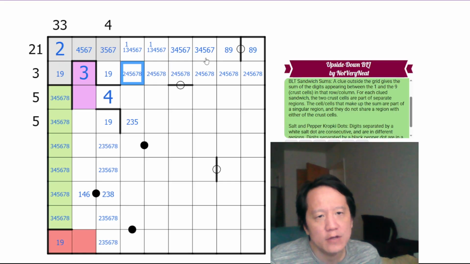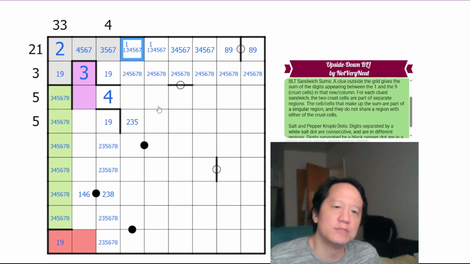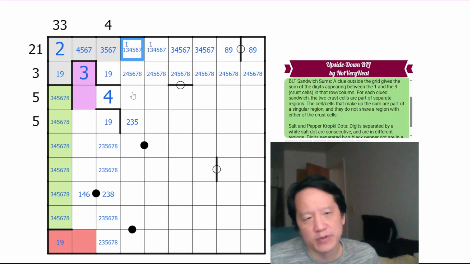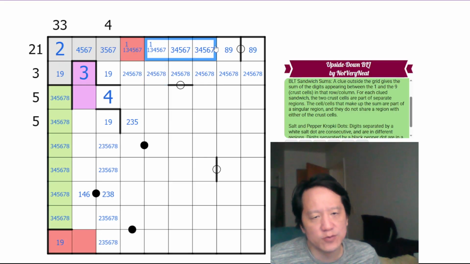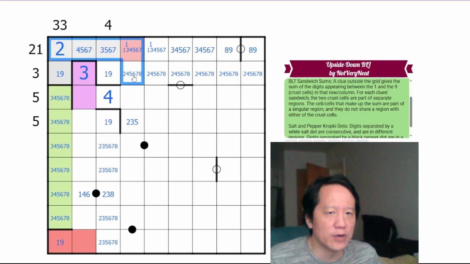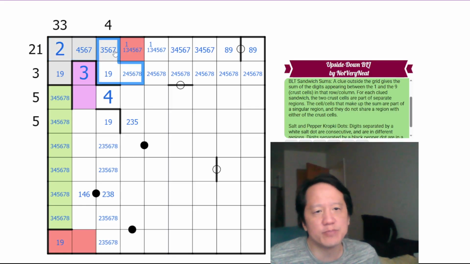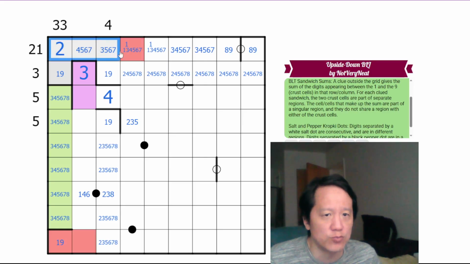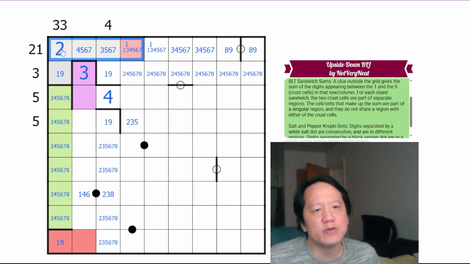Interesting. So say this was a 1. Then we have a major problem there, right? So if this was 1, that would mean this is a different region. The problem is light has to go either out that way or this way. But if it included the 1 in that scenario, it would have to go out this way.